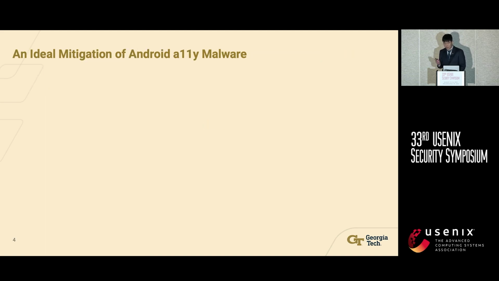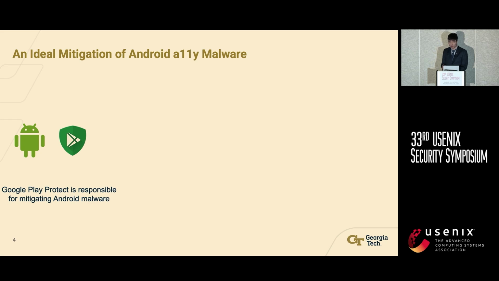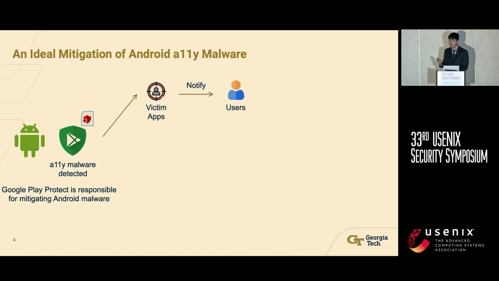For Android malware, Google Play Protect is responsible for mitigation. For an ideal mitigation of Android Ally malware, we would expect the Google Play Store, whenever they detect Ally malware, to first let us know what the victim targets are. This is to notify users what the malware is targeting so that they can go ahead and secure their other assets.